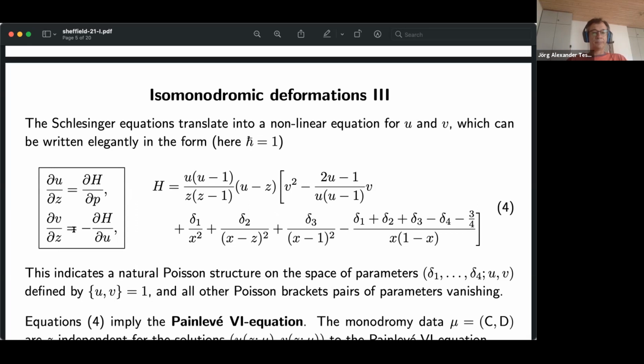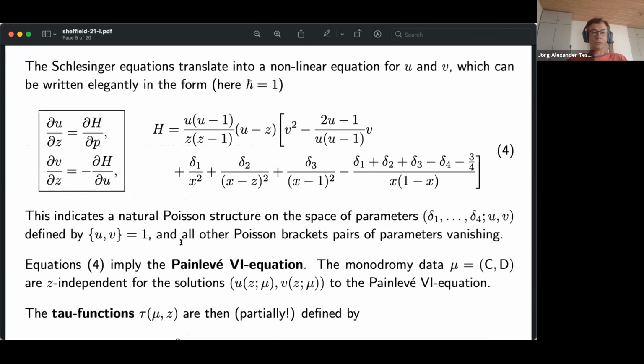And likewise, v with respect to z is minus the derivative of h with respect to u. So you see this skew structure that is characteristic for Poisson or Hamiltonian formalism.